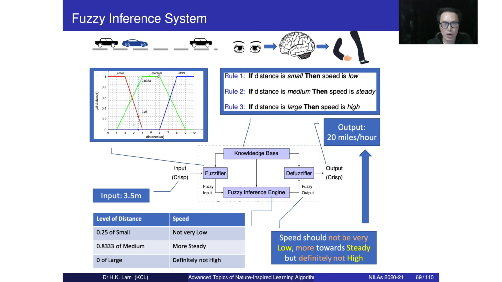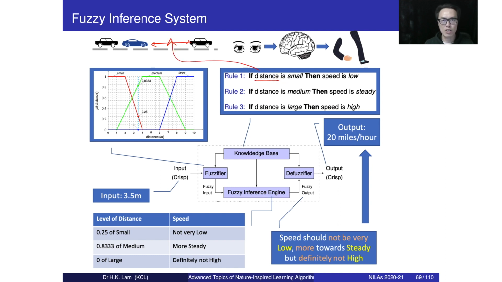Take a look at this diagram. I summarize everything: how do I make use of this fuzzy inference system to generate the output using the input? Just to recall, our application is that I'm driving the blue car. I would like to keep the distance to be a safety distance. This is the distance right here, this region.